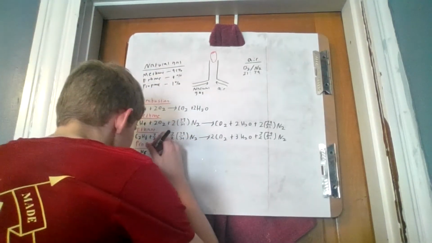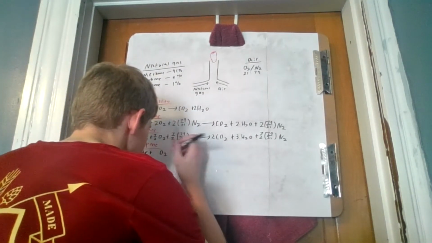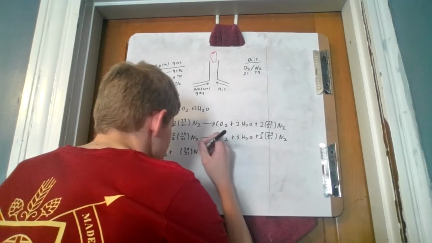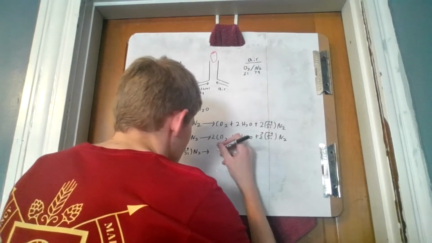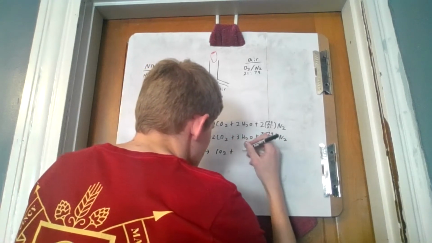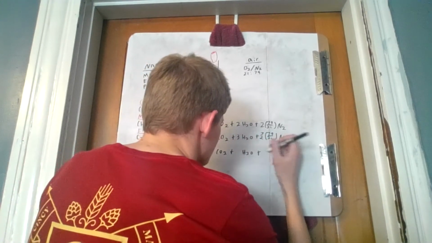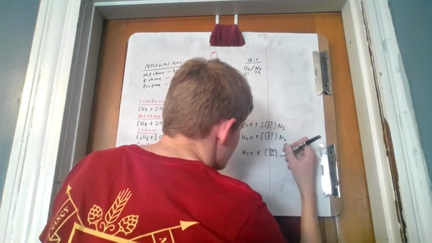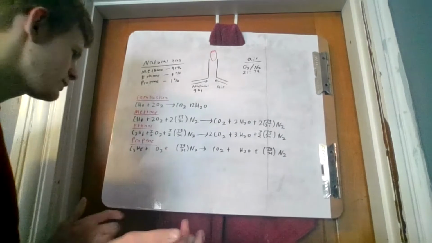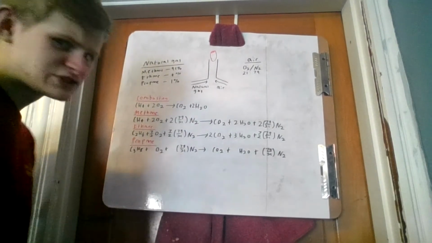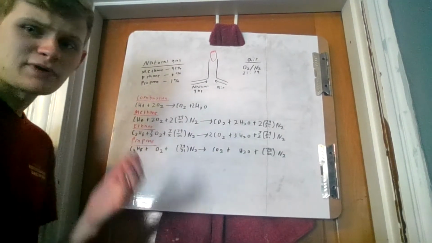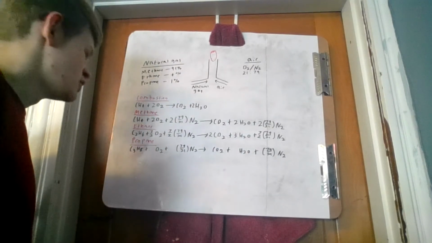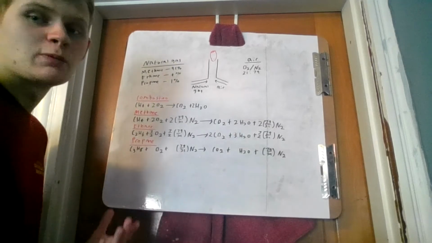So what we're going to do is leave gaps and make sure we include the ratio of our nitrogen. So now we have everything set here. Starting with the same process we did when we started our ethane reaction, we're just going to solve it the same way we did with our ethane.